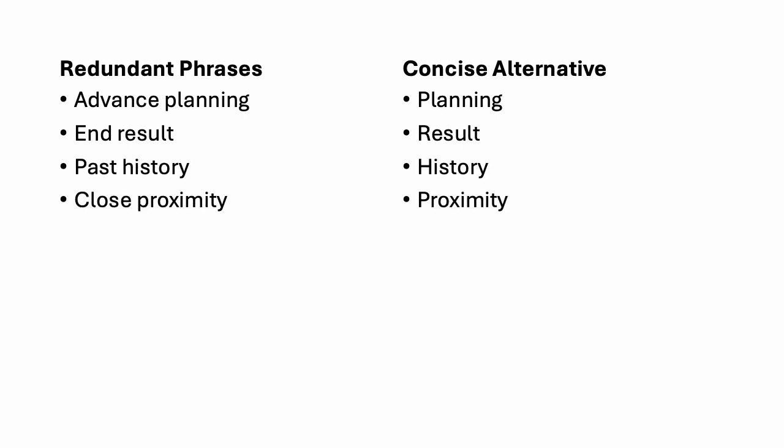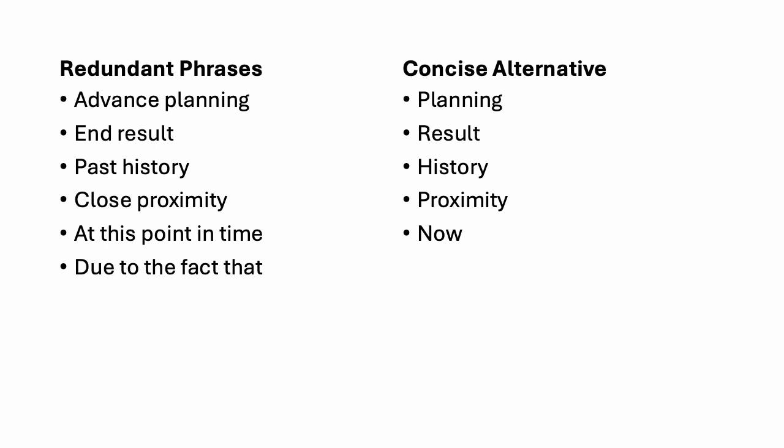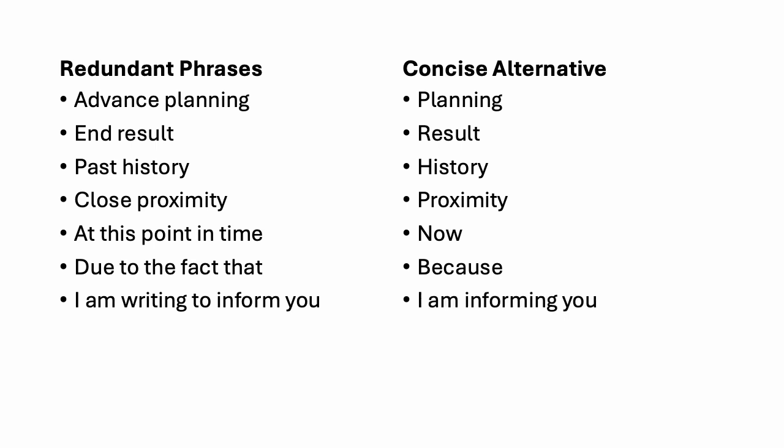Close proximity. Just proximity. At this point in time. This one's going to be different. Just now. Due to the fact that, because. I'm writing to inform you. I am informing you. And then legal requirement. And that's just requirement because the legal part is actually implied.